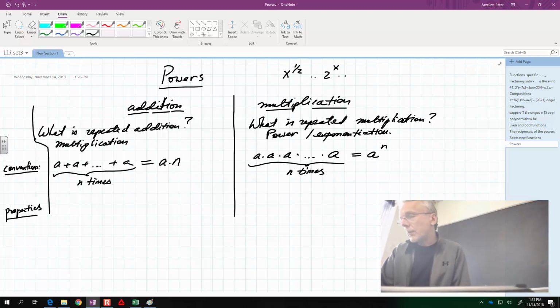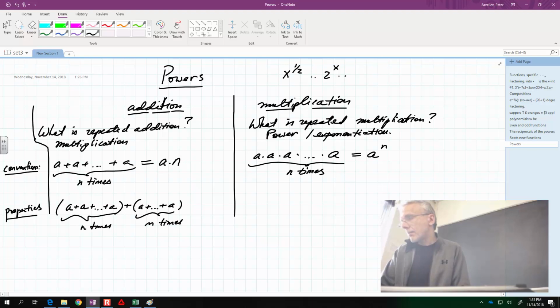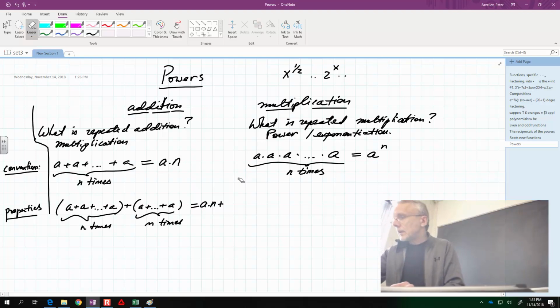So, for example, if I have a plus a and so on, n times here, and m times here, then the abbreviation tells me that the first one is a times n, and the second one is a times m.